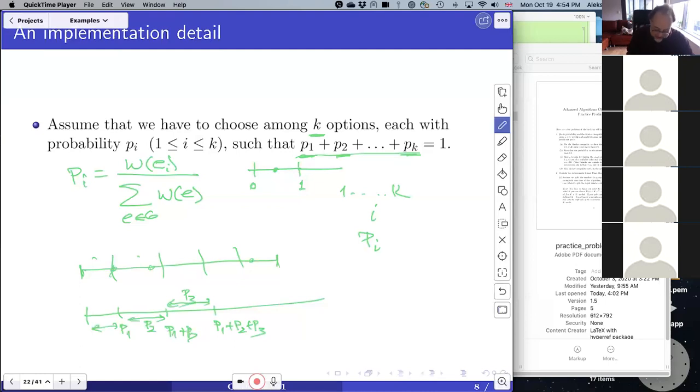And then you run your random number generator and you simply look for the i such that your number is bigger than the i-th division point and smaller than the (i+1)-th division point. Very good. So this is how you simulate random variables with different probabilities using only a uniform generator.